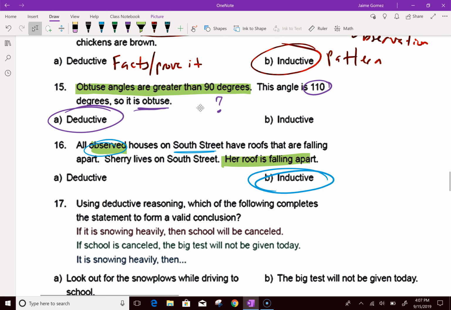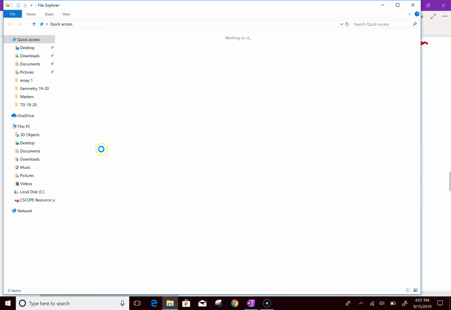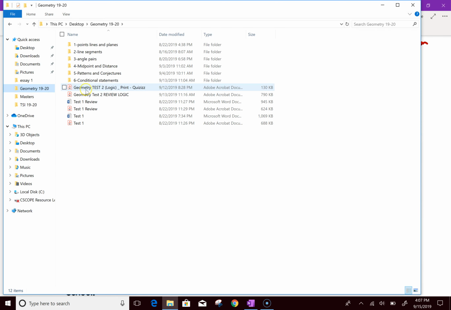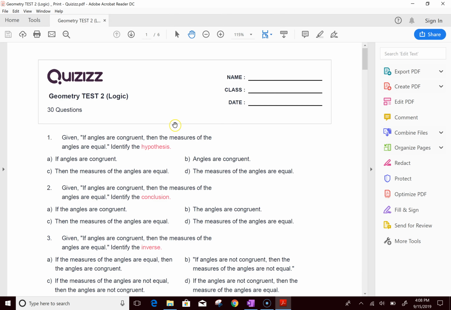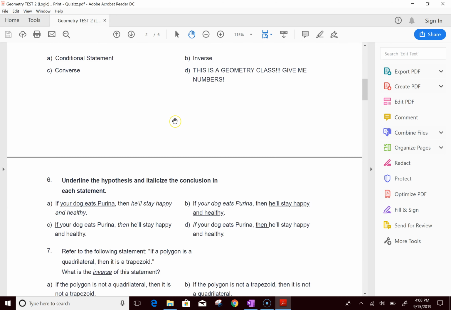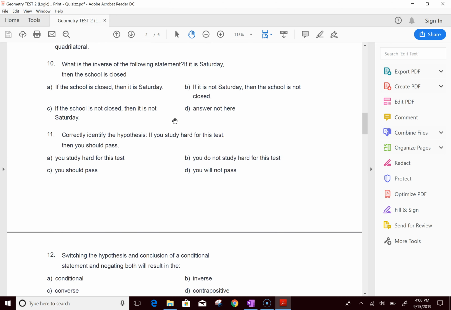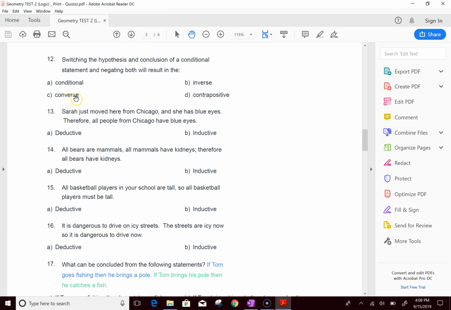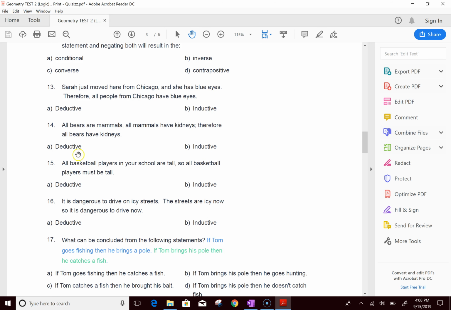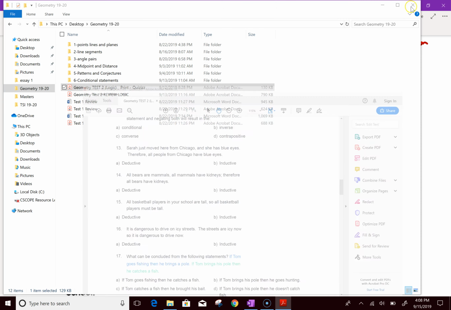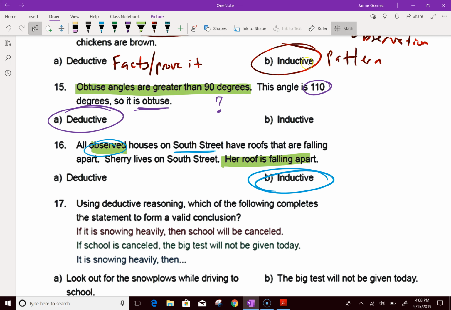It's the same thing on your test. I mean, I'm pretty sure. Let me check. Number 15. Okay, see. Is it deductive, inductive, deductive, inductive, same exact thing. So yeah, we're good. Man, my review is good.